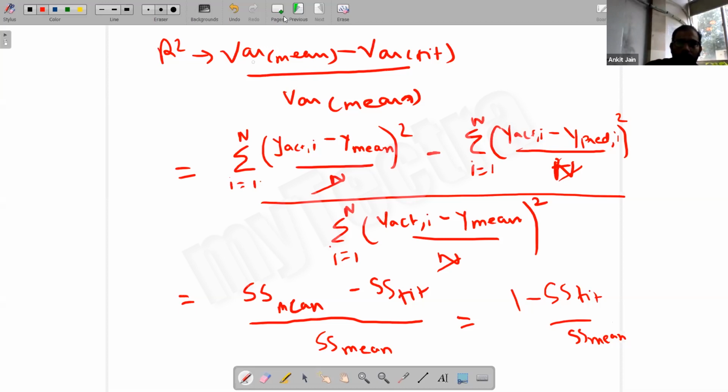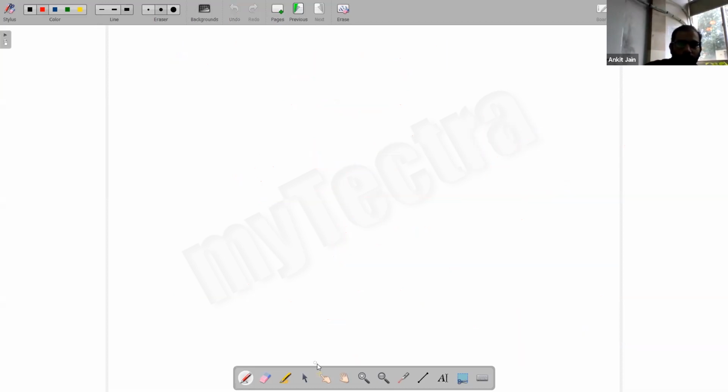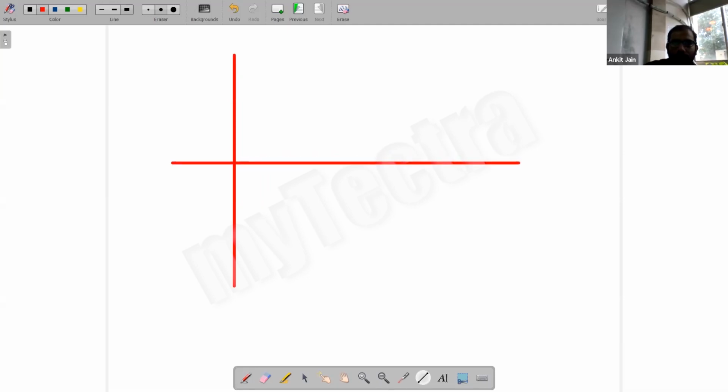Okay. So what I was trying to explain before this was, you have this line, you have these x's, these are your data points, right? Which is your mean model, passing somewhere like this. Let me take better data points.